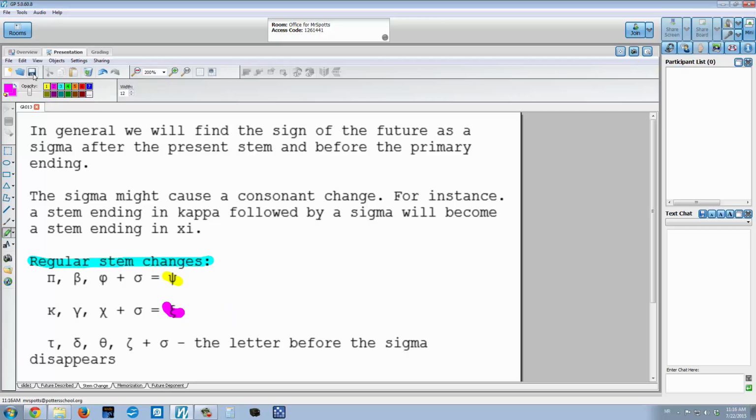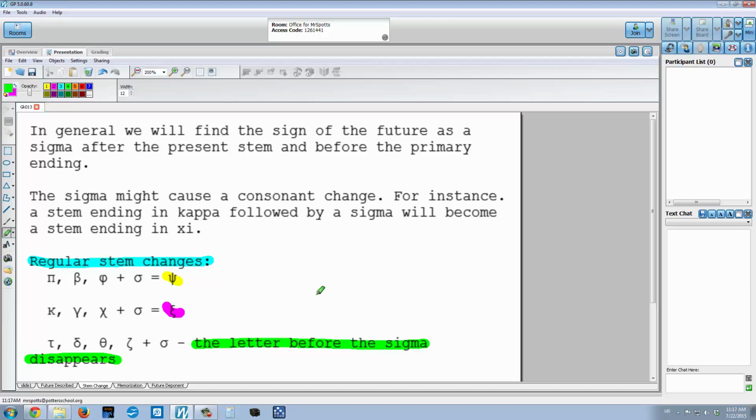And then the other common stem change, if you have a tau, delta, theta, zeta, plus sigma, as a college friend of mine from South Africa said, you have to have the accent, tau, delta, theta, zeta, see you later.